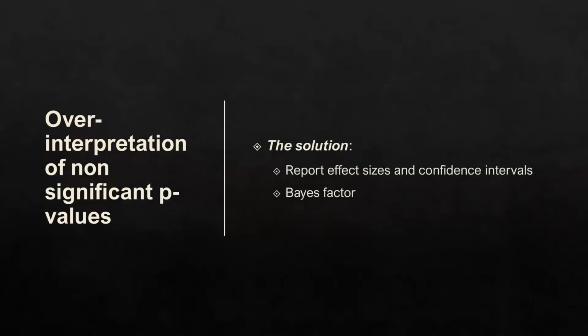And the solution would be to report effect sizes and confidence intervals, as well as p-values, to report the actual p-value, and not just to say p is less than 0.05 or p is greater than 0.05, because that threshold is extremely arbitrary.